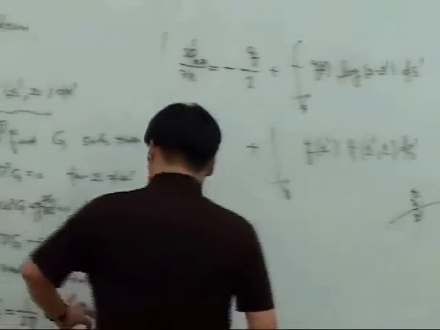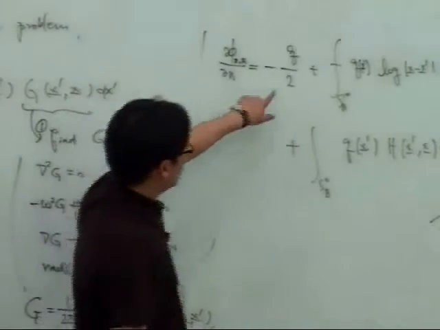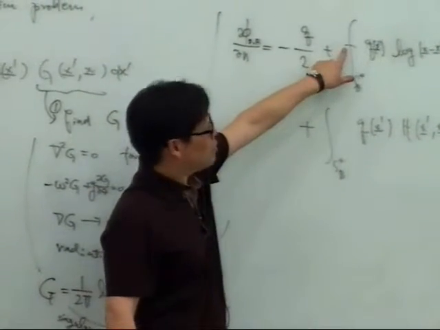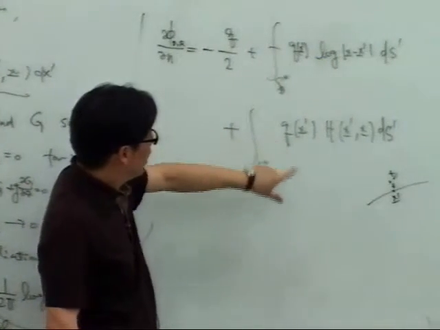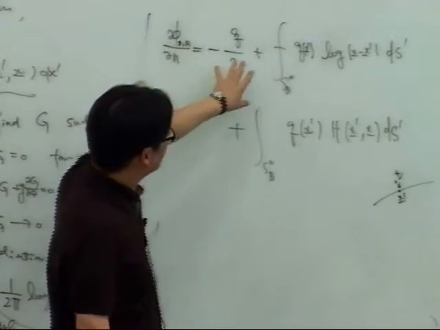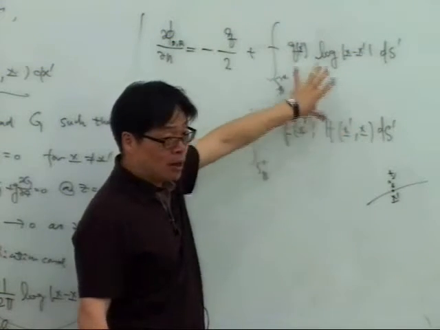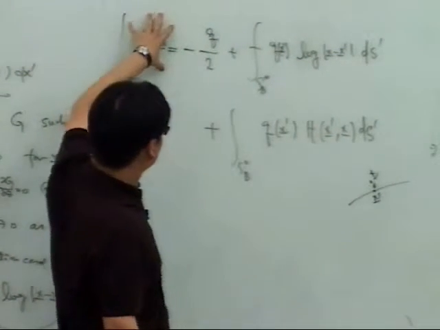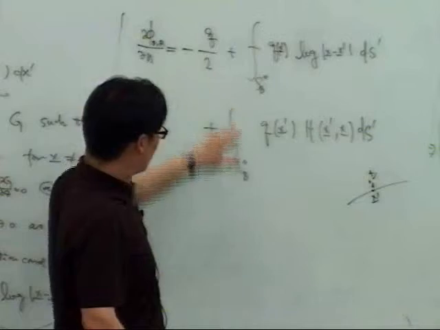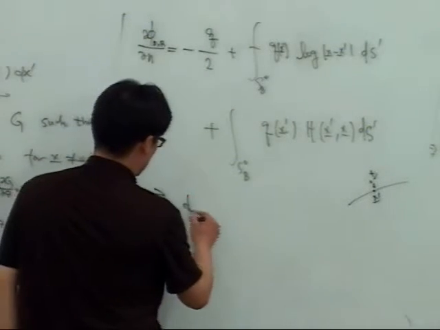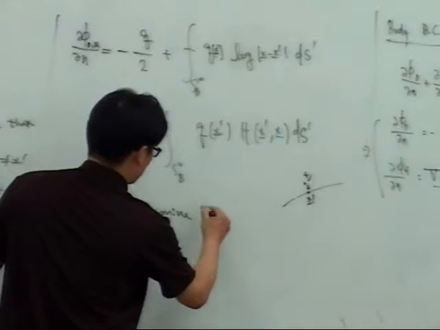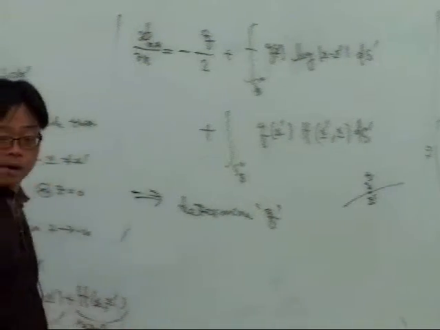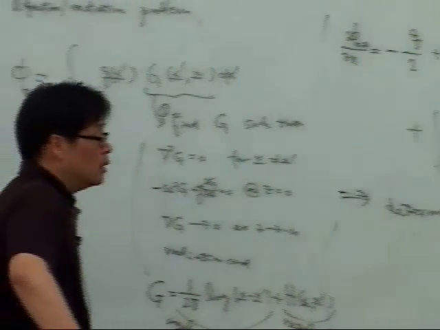And so this part gives these two terms. This is a principal value type integral, and then this is regular. And now you can evaluate this guy and this guy by using the panel method, and then this is known, and therefore you can determine Q.